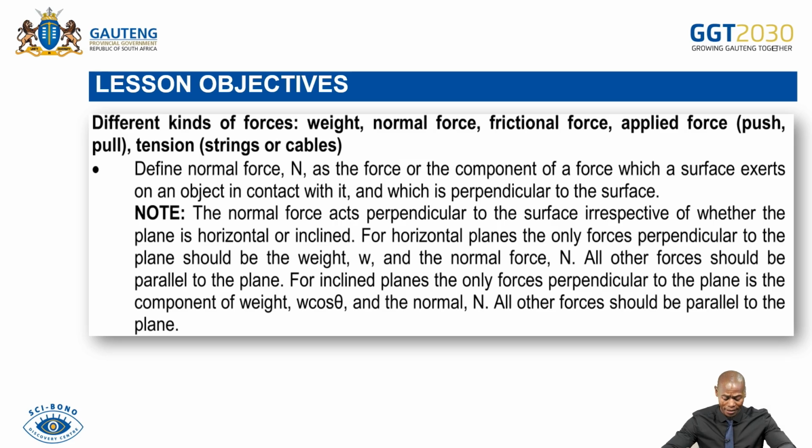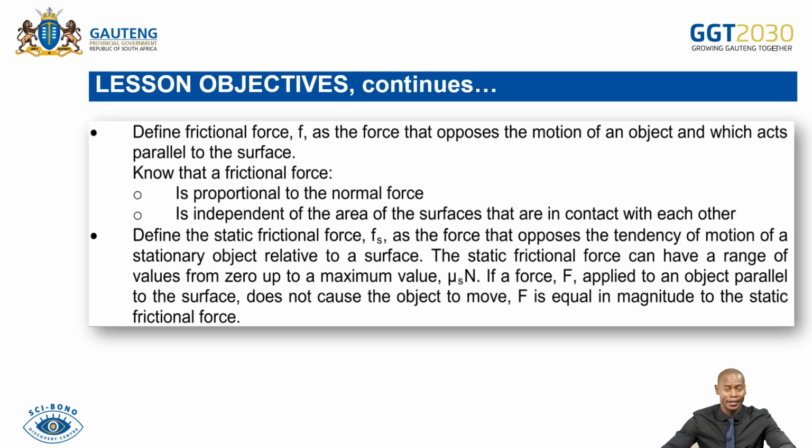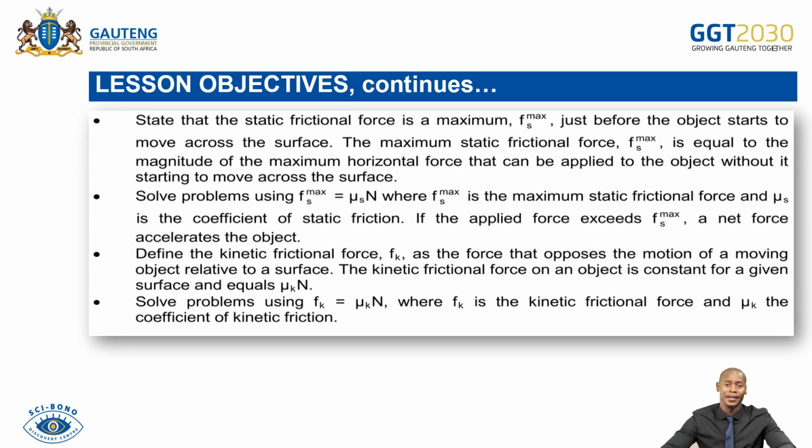It should be different kinds of forces, which is weight, normal force, frictional force, applied force, right? And also what? Tension, okay? Then defining normal force, define the frictional force, and then we have two types of frictional forces, which is your static frictional force and your kinetic frictional force. So we have to define that and do some calculations around that.